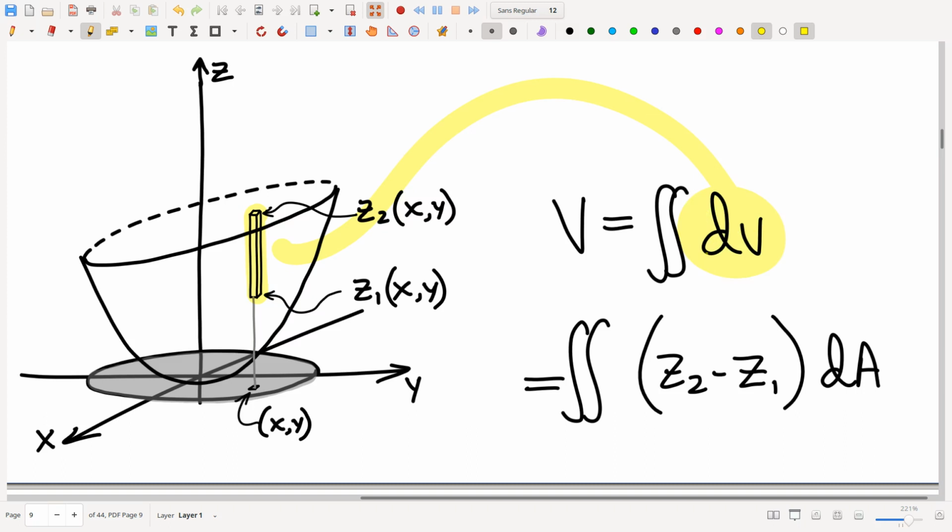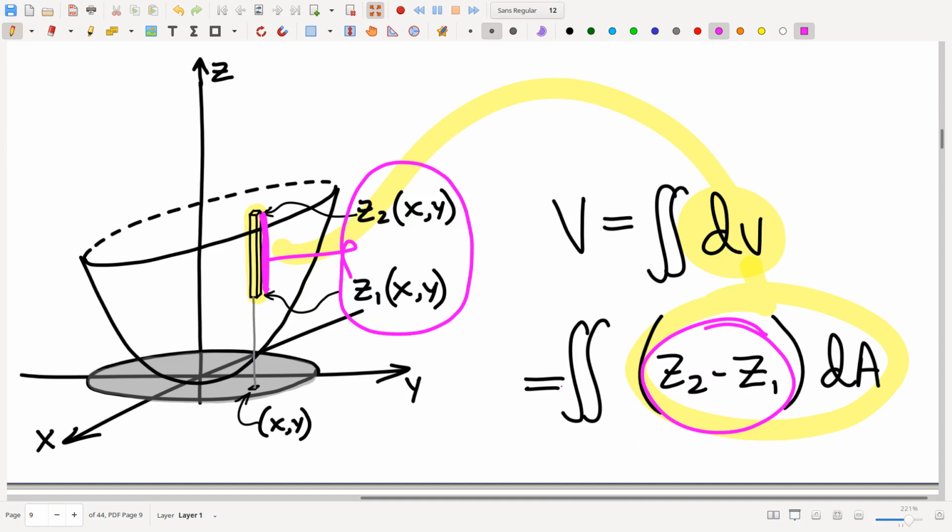And on each one of those, I think it's actually pretty easy to compute that little differential volume, because the height there is the difference between these z coordinates. That's how tall that French fry is, right? And then let's see here, what's the area of the base down here?